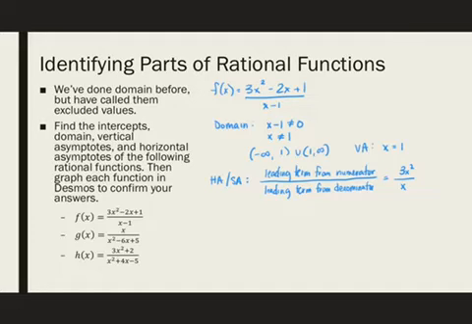So 3x squared over x, then you simplify that. And so that becomes 3x. And since there's an x in the numerator of what we simplified, that means this is actually a slant asymptote. So our slant asymptote is at y equals 3x.